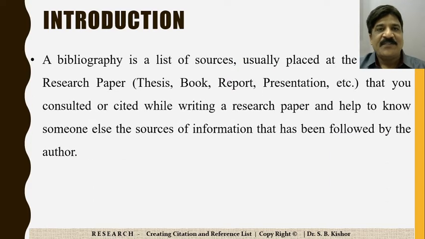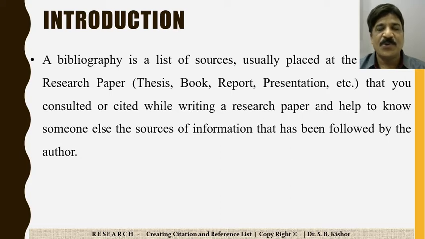A bibliography is a list of sources. Sources may be a book or book chapter, a journal or periodical, or some electronic source. It may be a website, a document from a particular website, or a patent. So there are a number of sources from which you can refer to certain material.